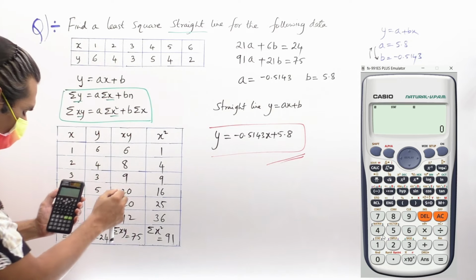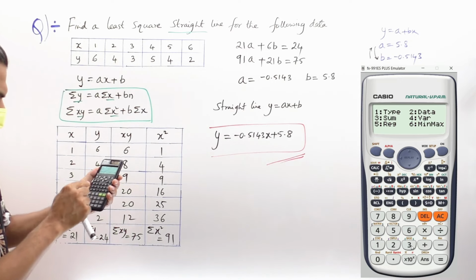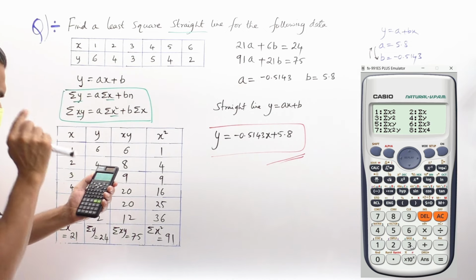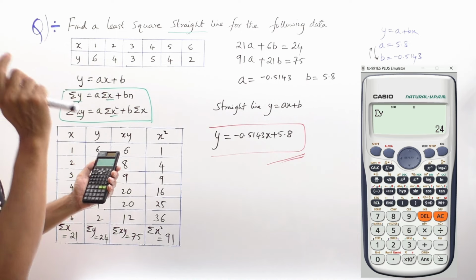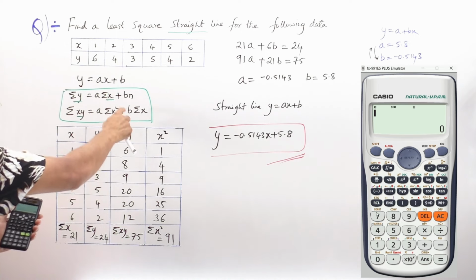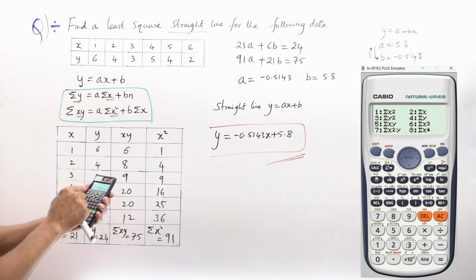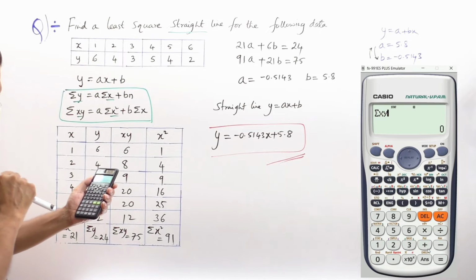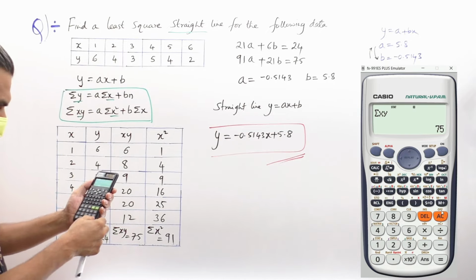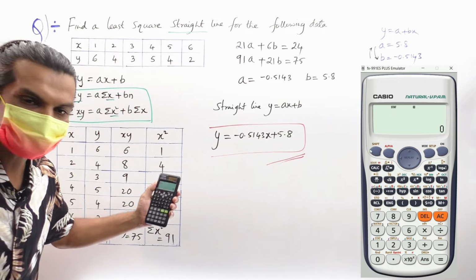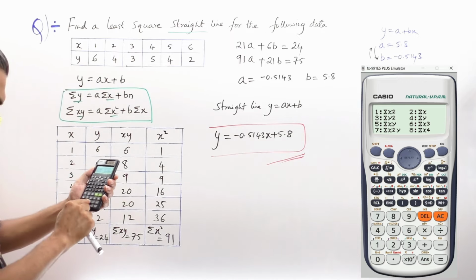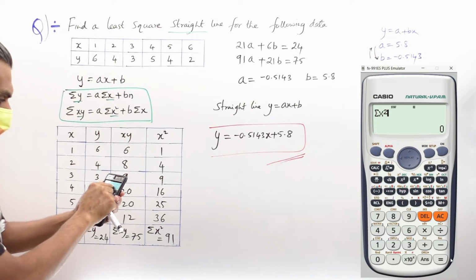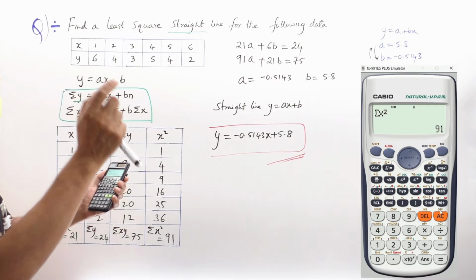Then sigma y: again Shift, Stat, Sum, sigma y, number 4, equals 24. Then sigma xy: Shift, Stats, Sum, number 5, equals 75. Lastly, AC, Shift, Stats, Sum, x squared, number 1, equals 91.